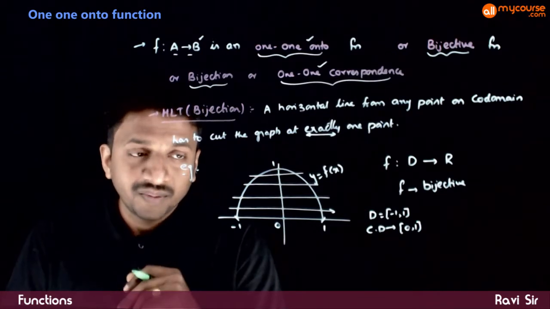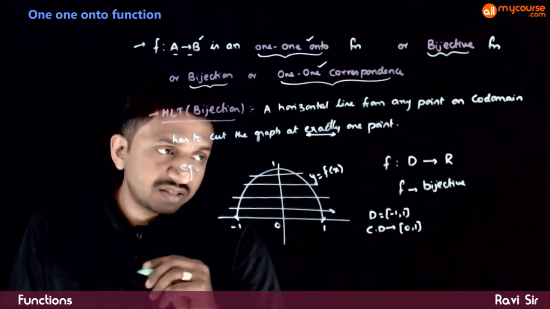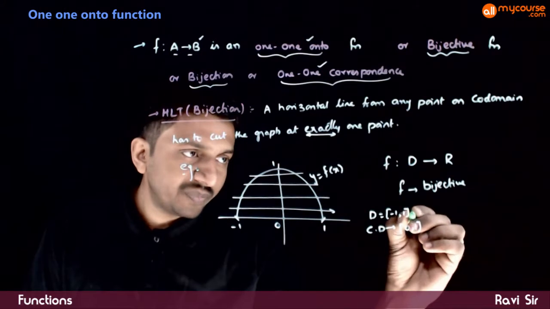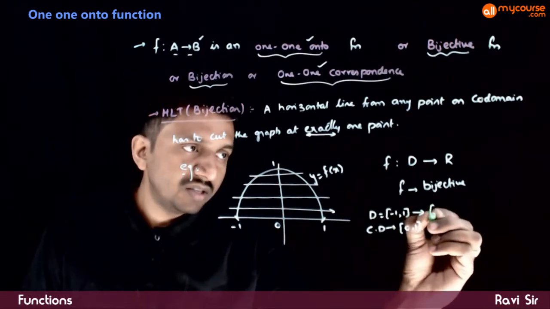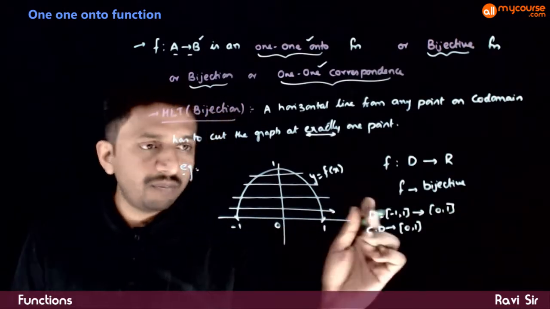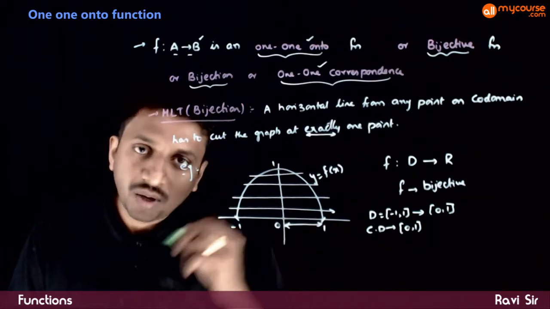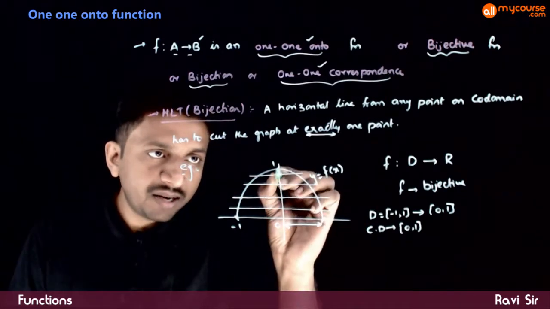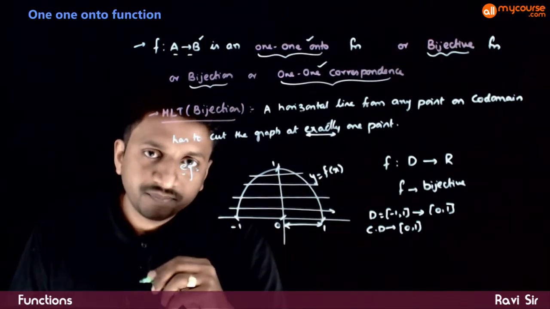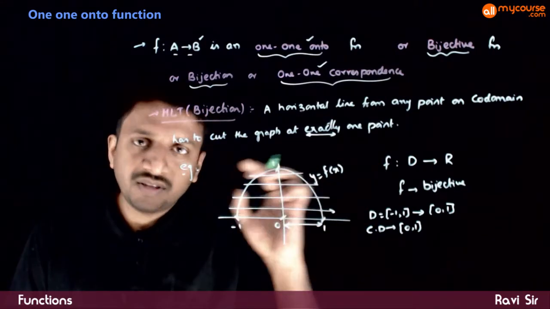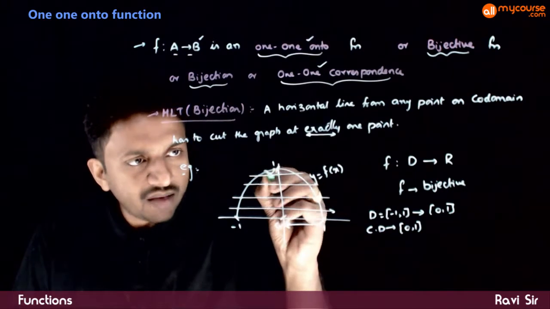not more than 1. So what I'll do is I'll restrict the domain to 0 to 1 instead of -1 to 1. So if I restrict the domain to 0 to 1 and the codomain to 0 to 1, within this domain and within this codomain, you won't be having this graph.